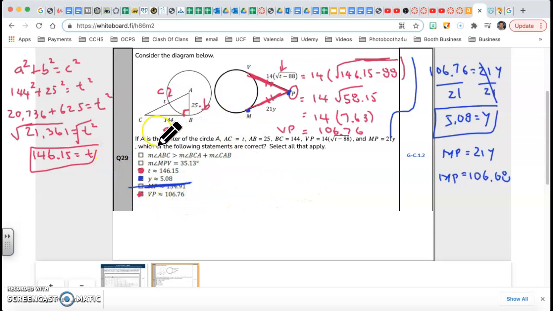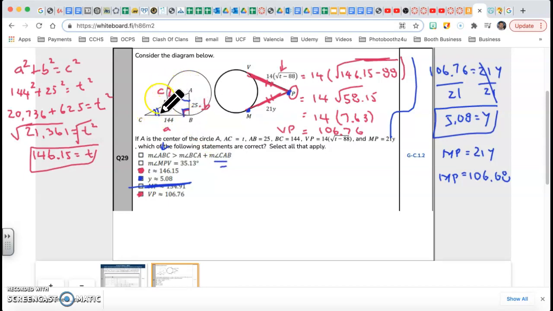So angle ABC is 90 degrees. They're saying that ABC is greater than BCA plus CAB. Oh, no. They're saying that this, which is 90, is greater than the sum of these two.